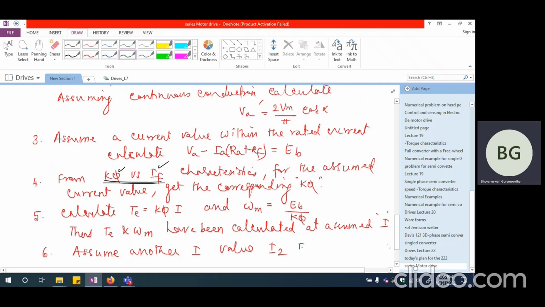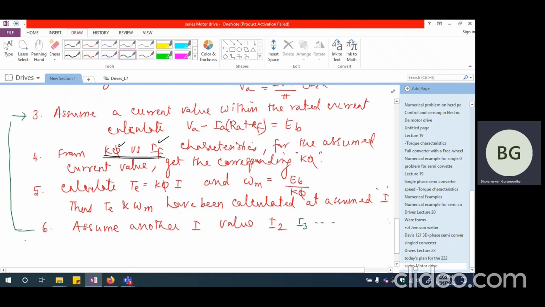Then you can go to I3 and so on and so forth. So now you have to go back to step number 3. After step number 6, you are going to go back to step number 3. So you can get TE and omega m for I2. Then you can get TE and omega m for I3 and so on.